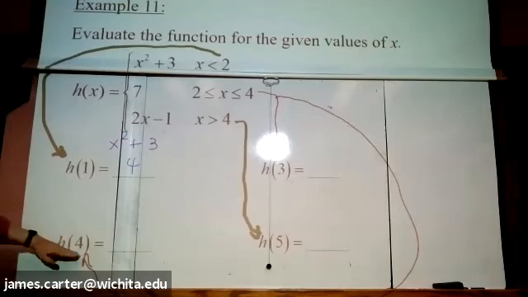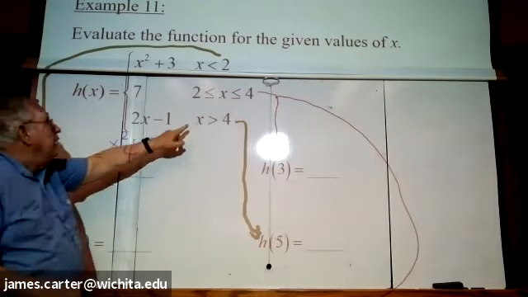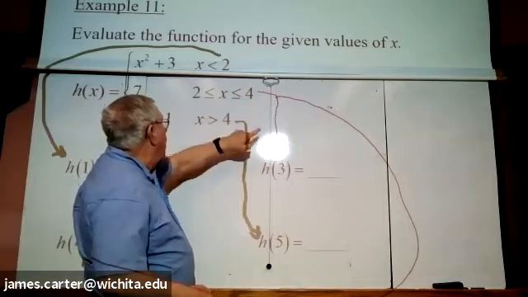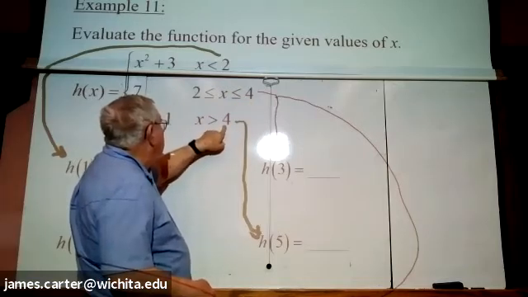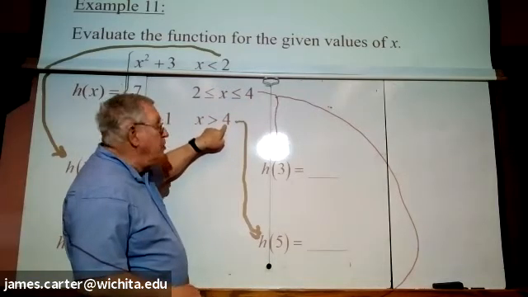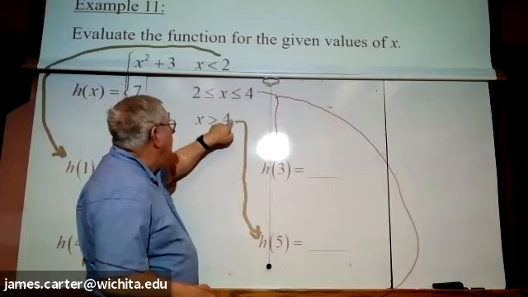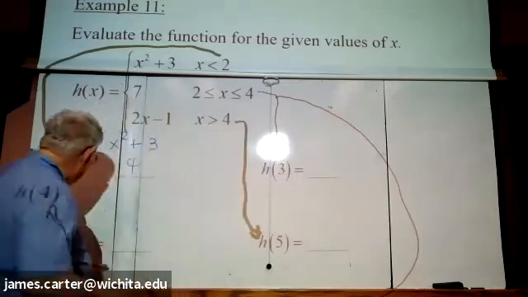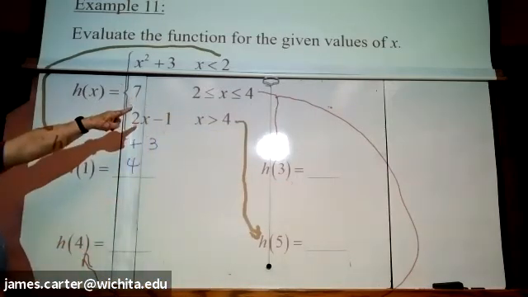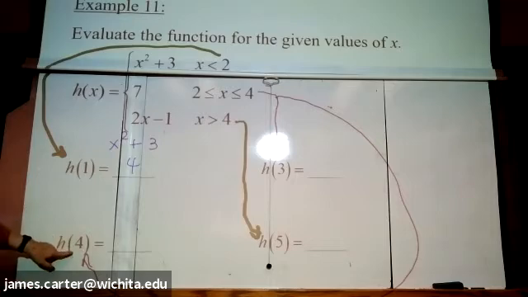Now, let's go to our second problem. Which problems can be considered for this one? If x is 4, here we have an or equal to 4. This one is bigger than 4, so we can't use 4 on this one. So the only one we can consider is that middle equation.